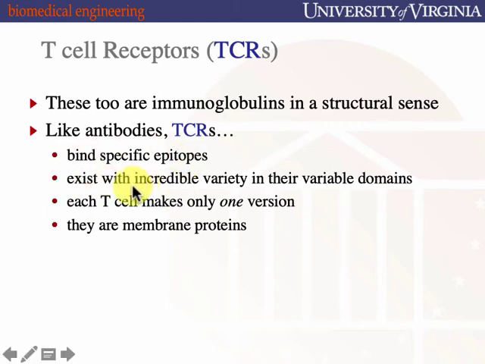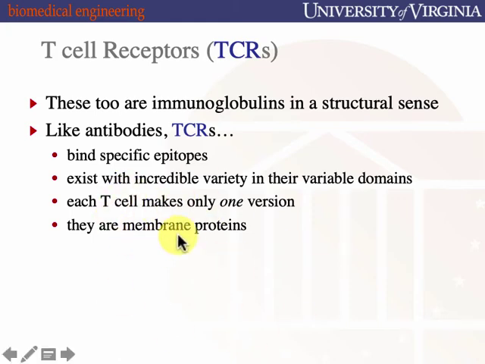They do exist with an incredible amount of variety in their variable domains, through very similar mechanisms, right? Your T cell receptor repertoire is equivalent to that of your B cell receptor repertoire or antibody repertoire. Similarly, each T cell makes only one version. One T cell receptor recognizes, and one T cell thereby recognizes, one epitope. Okay?